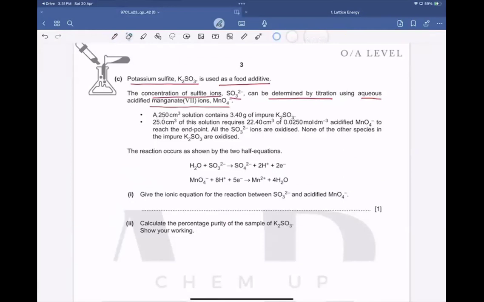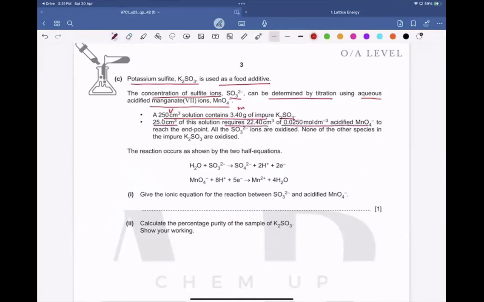A 25 cm3 solution contains 3.40 g of impure potassium sulfite. So this is the volume and this is the mass of impure potassium sulfite. 25 cm3 of this solution requires 22.4.